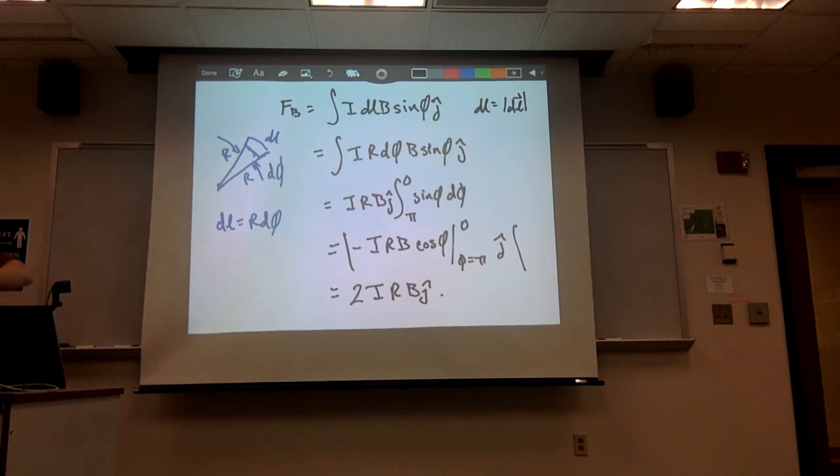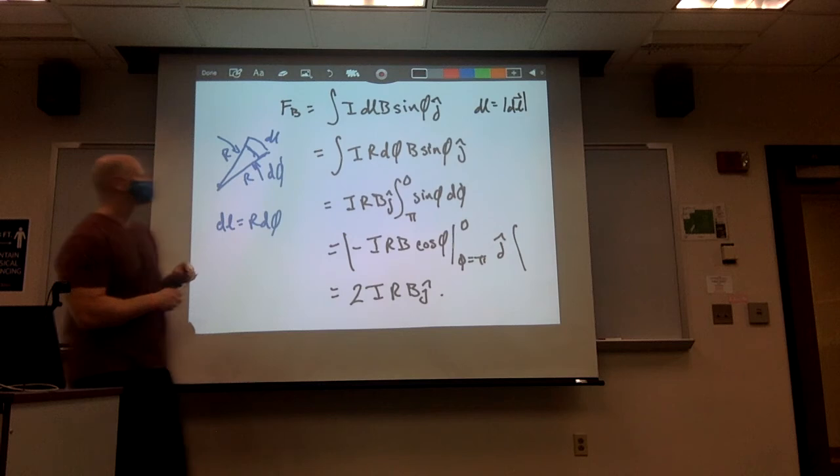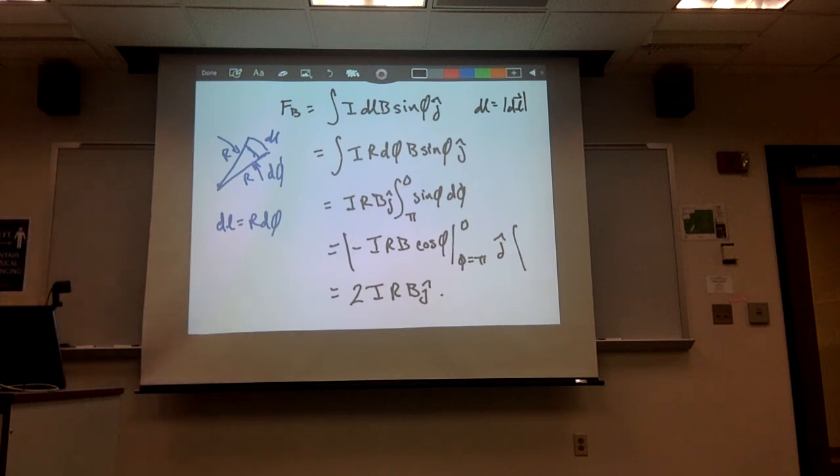So all of it comes down to simply the circular portion of the wire. What if the magnetic field is not constant? Then I would have to know how it changes going from one side of the wire to the other side. I would need to know it, hopefully, as a function of phi.